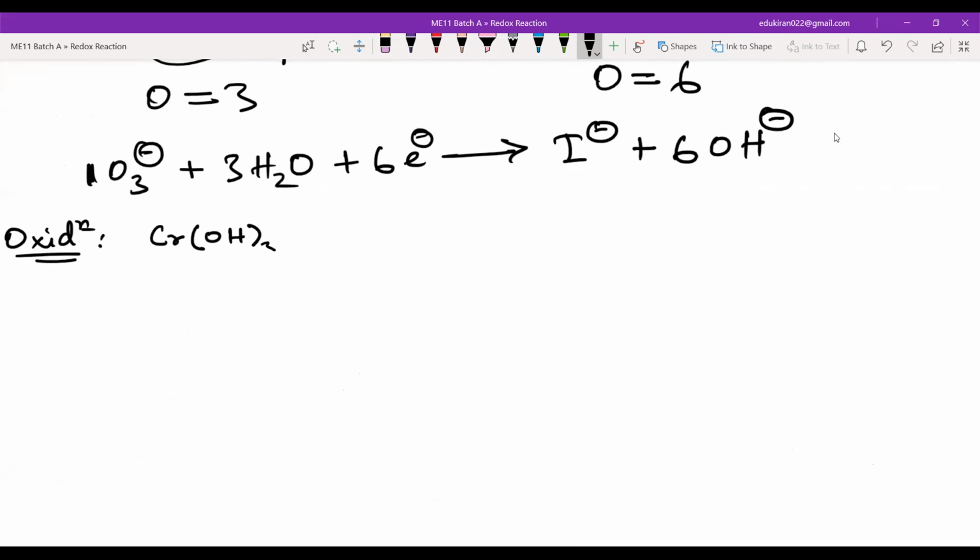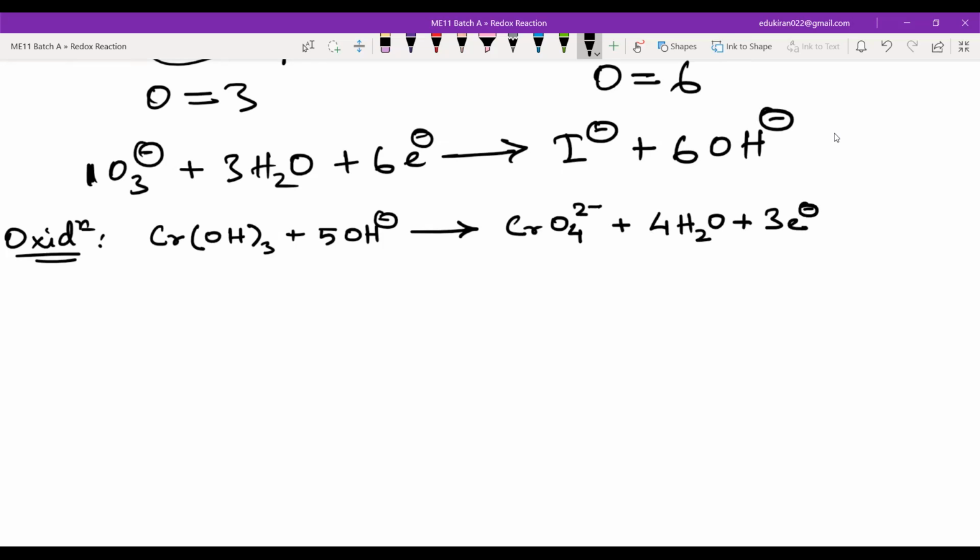Then we have the reduction half. In the reduction half, I have IO3 negative plus 3 H2O plus 6 electrons is going to give me I negative plus 6 OH negative. Okay, we can tolerate everything, but we cannot tolerate extra charges.